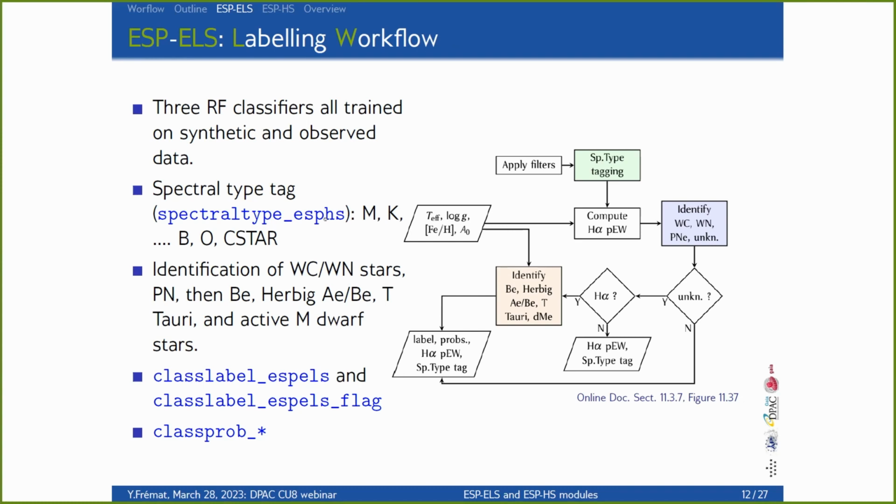These classifiers are all trained on a combination of synthetic spectra and observed data. Synthetic spectra usually represent the population of stars without emission, while the observed data is used to represent the population of true emission line stars.